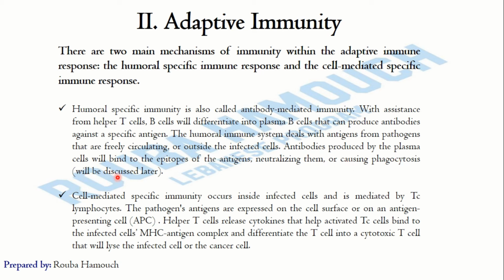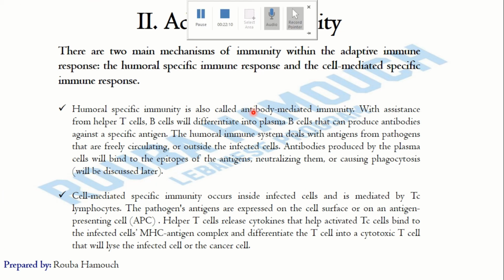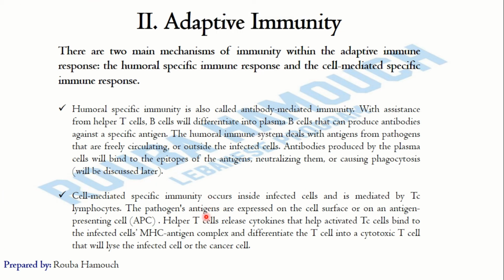Now, for the cell-mediated specific immunity, it occurs inside infected cells or cancer cells. And it is mediated by mainly cytotoxic T lymphocytes. As you know, the pathogen's antigens are expressed on the cell surface of an antigen-presenting cell.